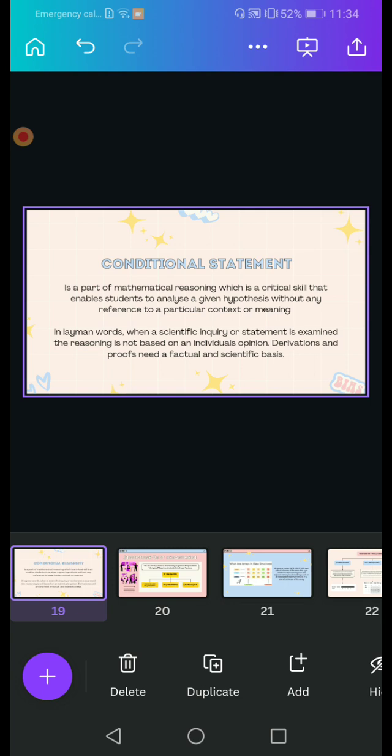A conditional statement is a part of mathematical reasoning, which is a critical skill that enables students to analyze given hypotheses without any reference to a particular context or meaning. In layman's words, when a scientific inquiry or statement is examined, the reasoning is not based on an individual's opinion. Derivations and proofs need a punctual and scientific basis.